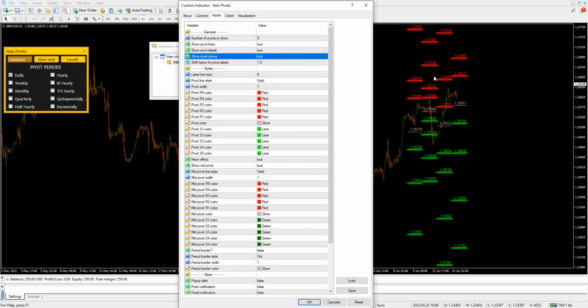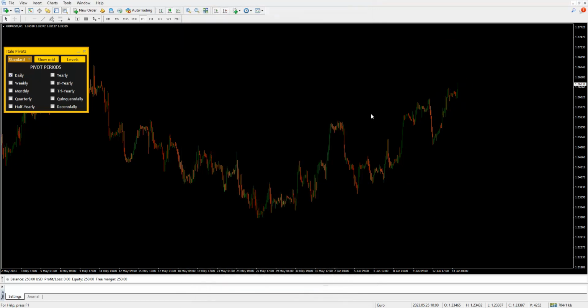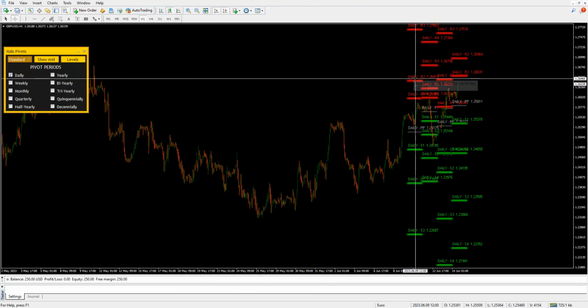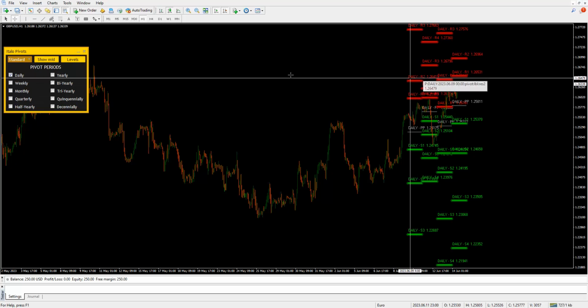Show pivot prices, again. Shift factor for price labels. That's the distance between the labels and the line, the support and resistance line. If you increase to 5, for example, take a look. Now you have more distance between the line and the labels.